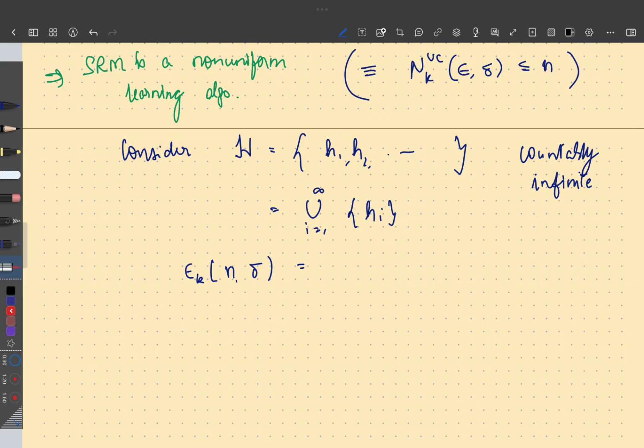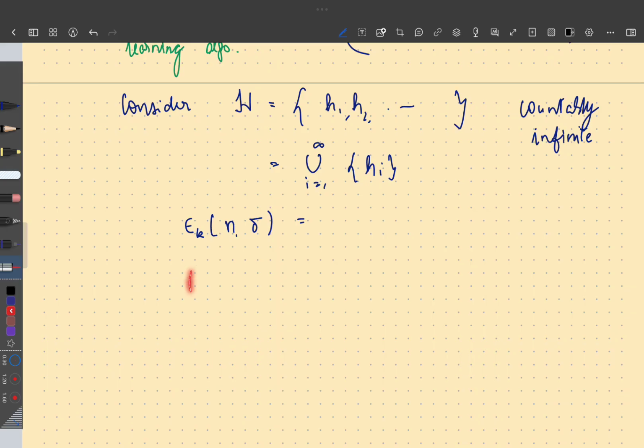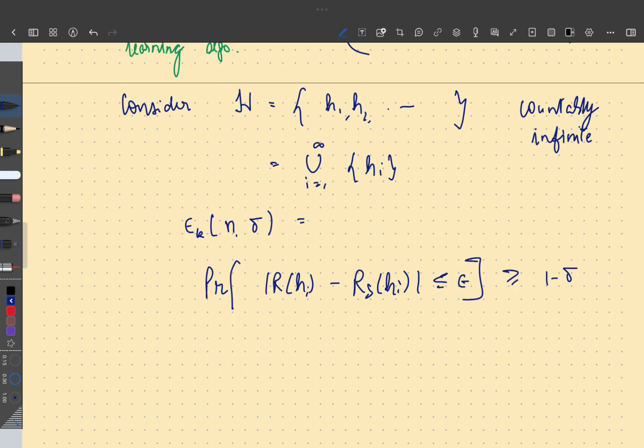But how do you get the risks? That's a random quantity, right? Basically, it amounts to bounding the probability that, because each subclass only consists of a single predictor, Rs of hi less than or equal to epsilon should be at least 1 minus delta, or maybe if I take the negative, greater than or equal to epsilon should be less than or equal to delta.